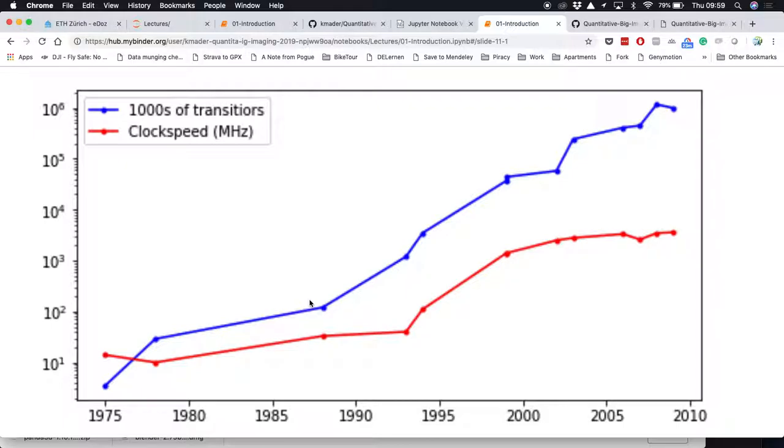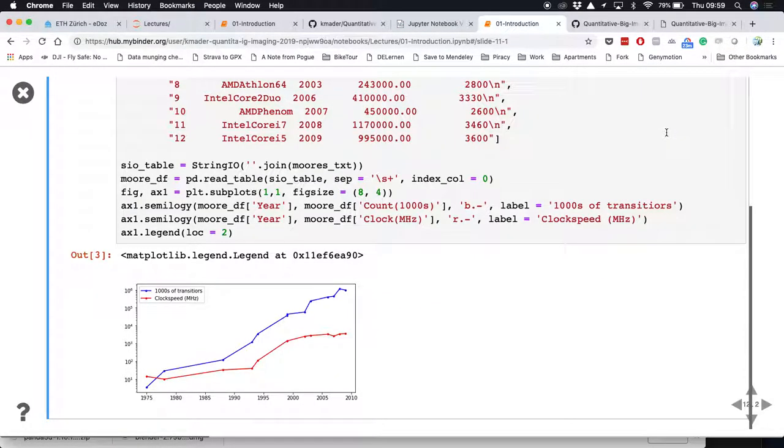Computers aren't getting any faster. Computers 4 years ago, in terms of how many operations they can do per second, are still the same as they are today, but there are more transistors available. And even this number has started to flatten off a little bit as well. What this means is that you can't simply rely on more processing power to magically solve your problem.